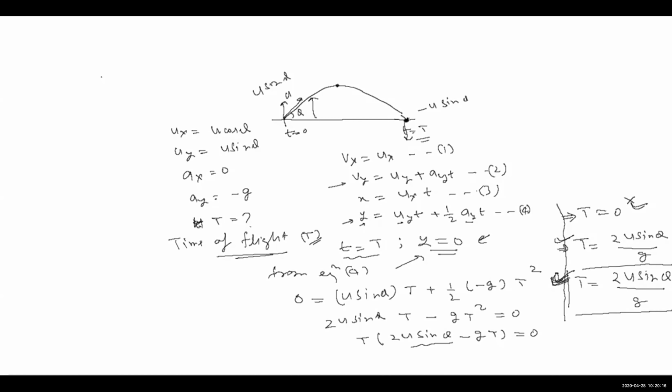The particle reaches the maximum height when it cannot go further up. It cannot go further up if it does not have any velocity component along the vertical direction. So at the maximum height, the vertical component of velocity will become 0.